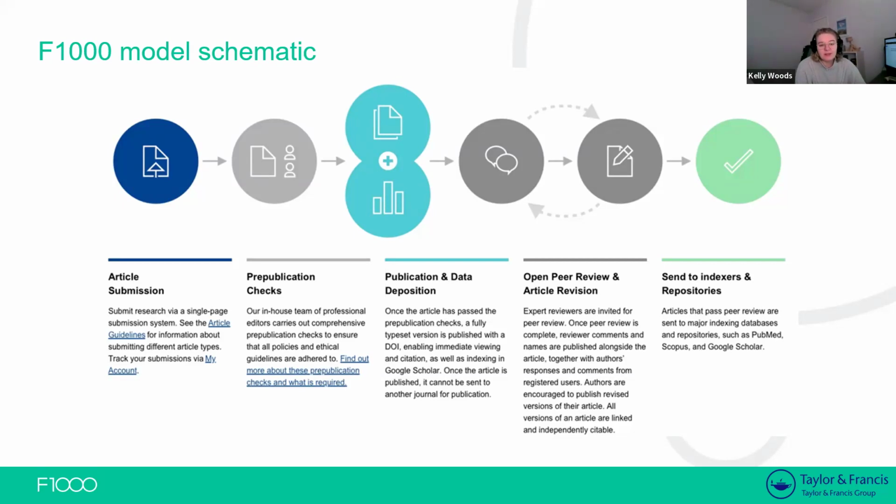Once the reviewers are satisfied that the authors have made the necessary changes, the paper would be classed as having passed peer review, and that's when we would send it to a number of indexes and repositories. These do vary across our different platforms, so we'd have to have a look at which one we're interested in, but the major ones are all covered, so PubMed and Scopus, Inspec for engineering, and ERIC Plus for HSS.